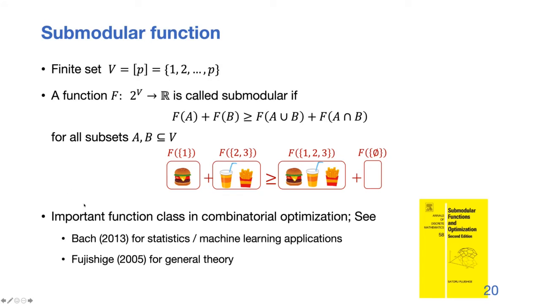And a function f that takes a subset of V and outputs a real value is called submodular if it satisfies this inequality for all subsets A, B. To understand this inequality, let's say when you go to a hamburger store, then you may get a discount when you pay for the union set compared to individual menus, right?